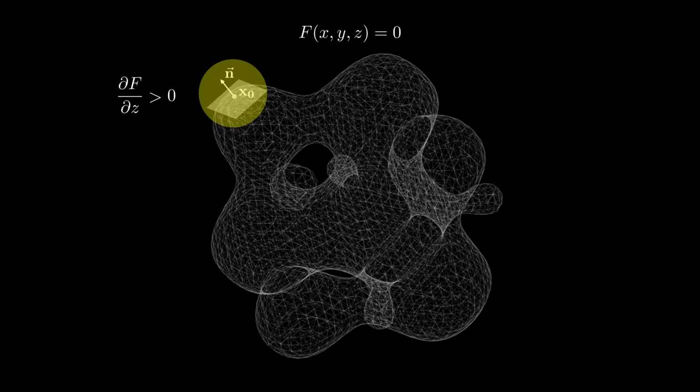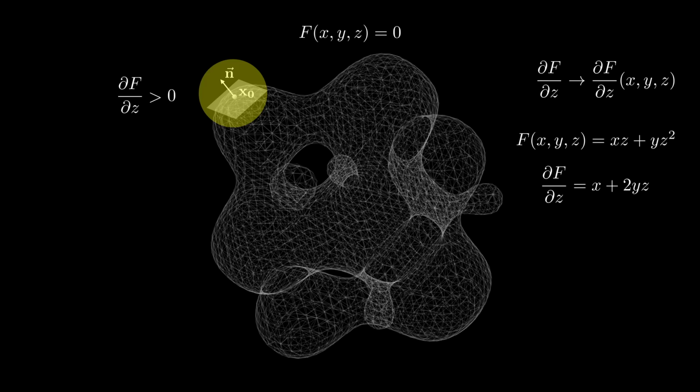Well, in order to do this, we have to examine this function. Remember, this partial derivative of big F with respect to z is also another function of three variables. Let's see why. For example, if we have our function big F of x, y, z equal to yz plus xz plus yz squared, if I differentiate this with respect to z, what I get is the following: x plus 2xy z.